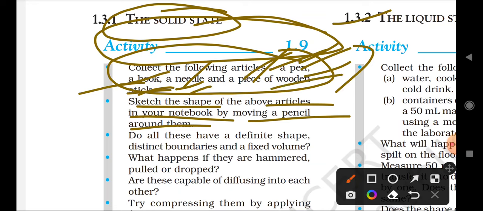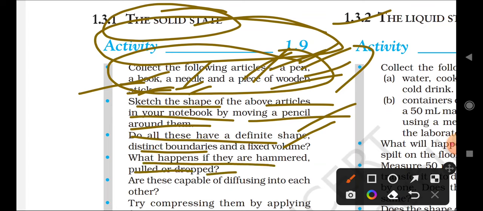After drawing, observe from your sketches: do all these have a definite shape, distinct boundaries, and a fixed volume? What happens if they are hammered, pulled, or dropped: are they breakable, or do they change shape? Are they capable of diffusing into each other?